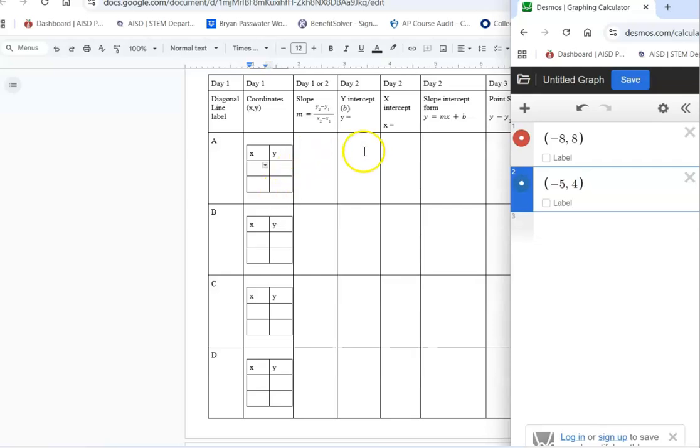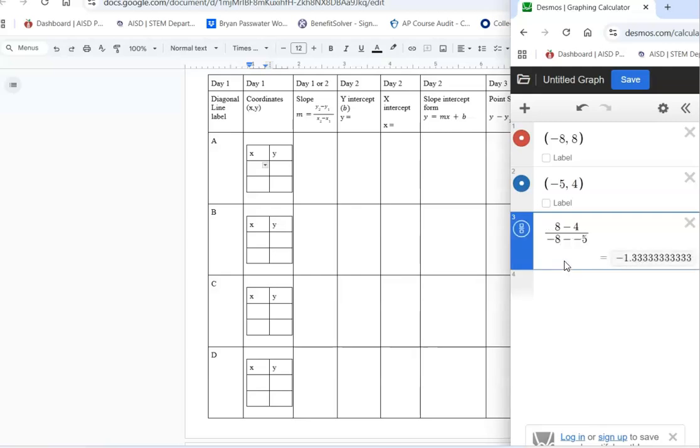Next up would be slope. I have to get slope with these two coordinates. We've practiced slope a lot in this class, but let's do it again. So 8 minus 4, and if you do Control A, it highlights that, and I press the slash, it makes division. Below that, -8 minus -5, and I get -4/3.